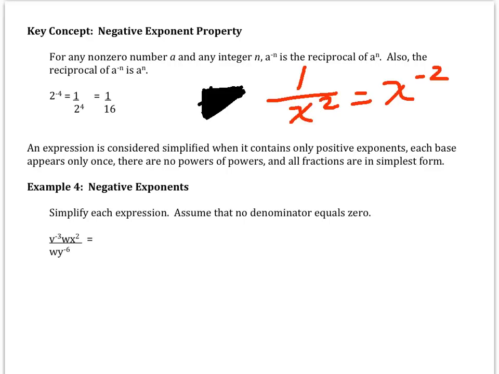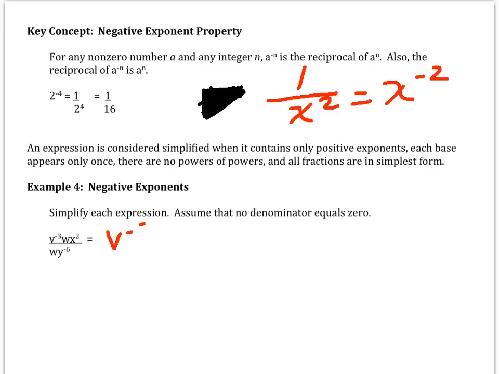An expression is considered simplified when it contains only positive exponents, each base appears only once, there are no powers of powers, and all fractions are in simplest form. So let's look at example 4. The easiest way to do these is generally to break them into different pieces and to try to make sense of it that way.